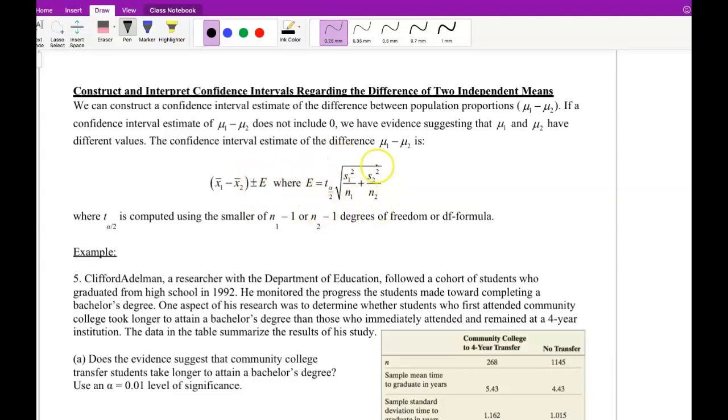The margin of error is equal to t times the square root of standard deviation squared divided by sample size for the first group, plus the same for the second group or second population. And how can we find this t? Using the smaller of n1 or n2, depending on which one is smaller, to find the degree of freedom. So again, use the smaller degree of freedom.